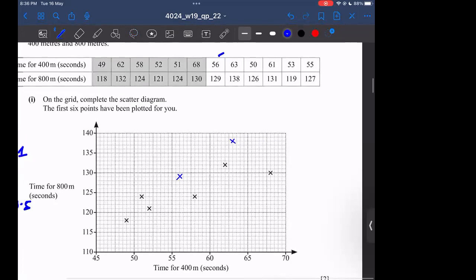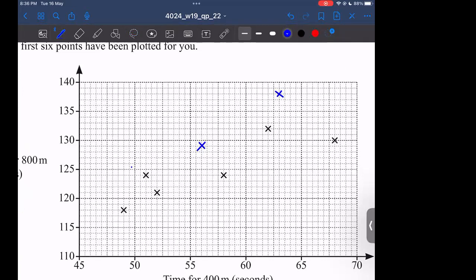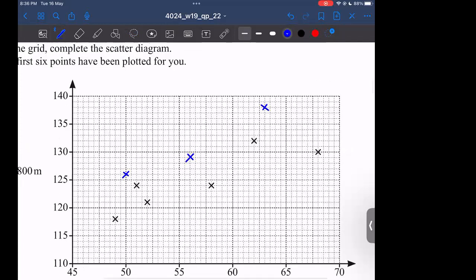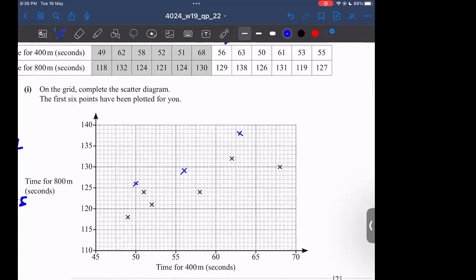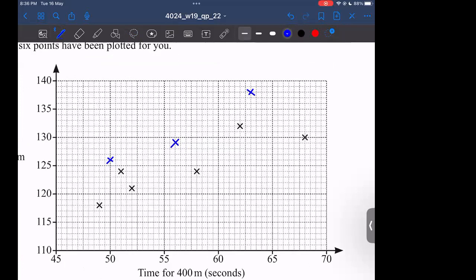Then we have 50, 126. Then we have 61, 131.